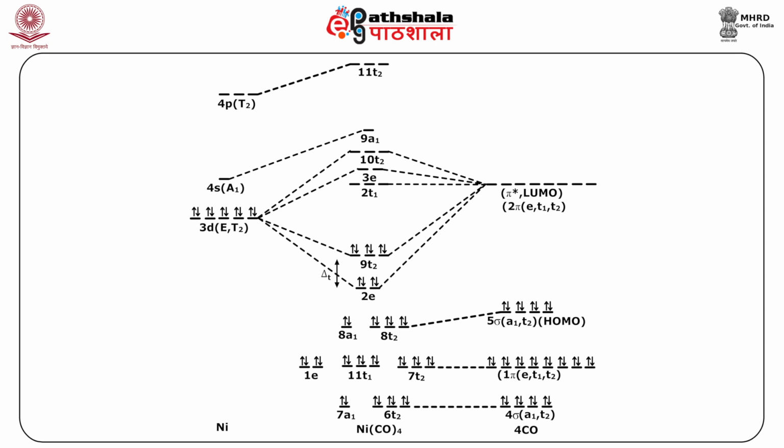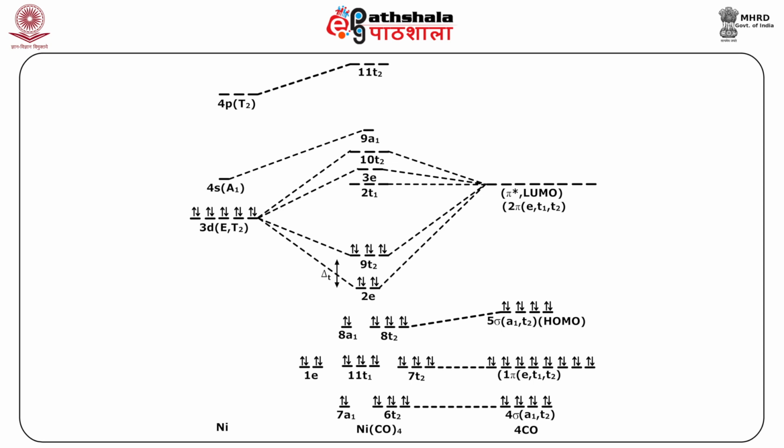It has HOMO of sigma 2p symmetry and LUMO of pi star 2p symmetry. HOMO is said to be the highest occupied molecular orbital, whereas LUMO is the lowest unoccupied molecular orbital.